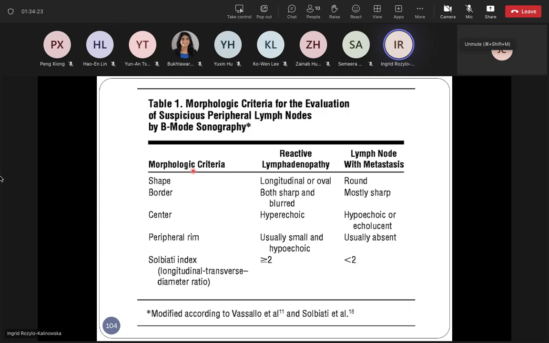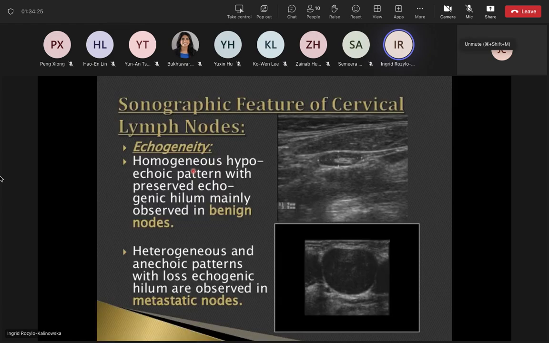So here you can see the sonographic features of cervical lymph nodes, which are normal here, fusiform with a cortex that is hypoechoic, and then the center, the hilum of the node, is of higher echogenicity. And in a metastatic lymph node, it's a heterogeneous appearance, anechoic patterns with loss of the hilum.